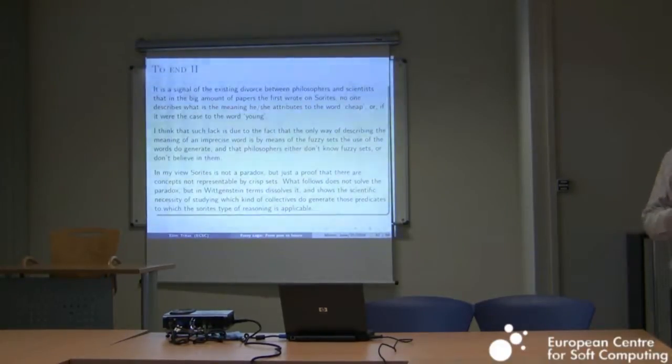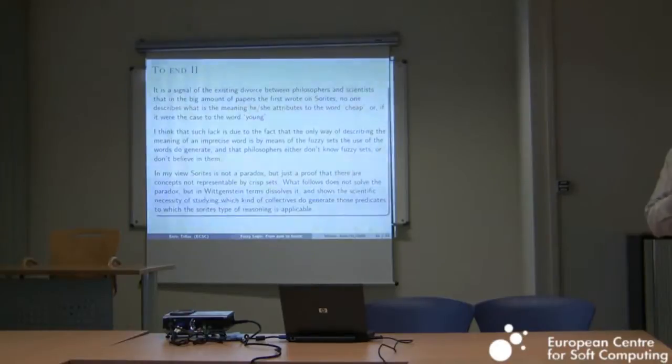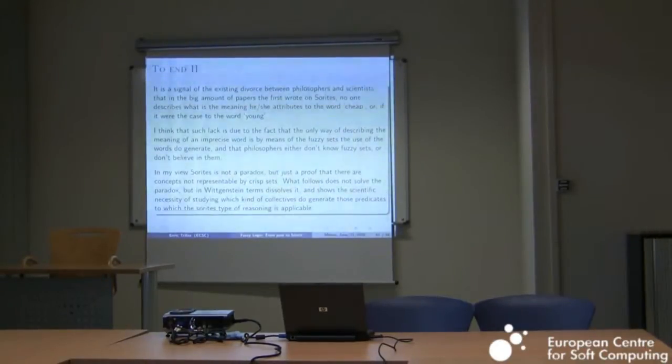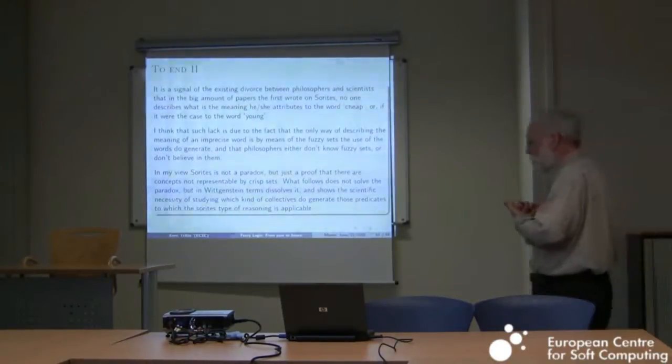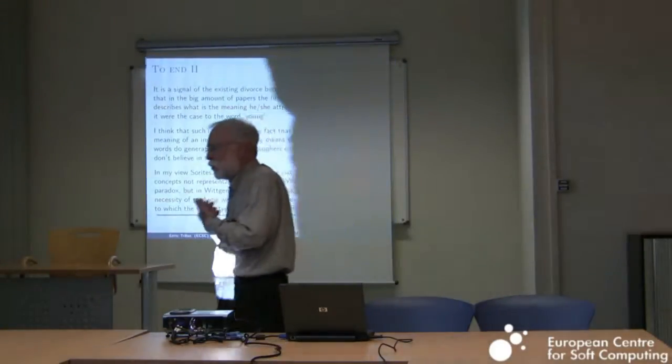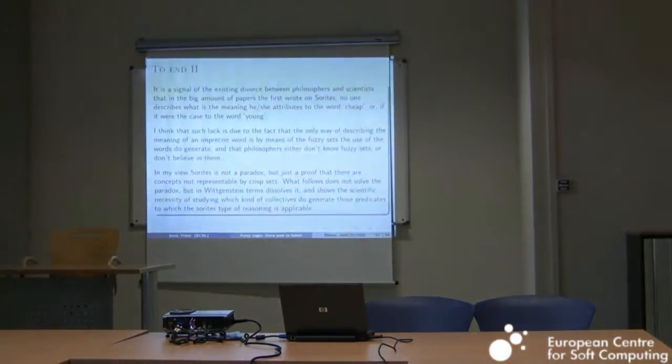If I'm using a word, I will know how to use the word. It's possible to talk about prime numbers without defining what a prime number is. It's possible to write 1,000 papers on prime numbers without knowing what a prime number is.